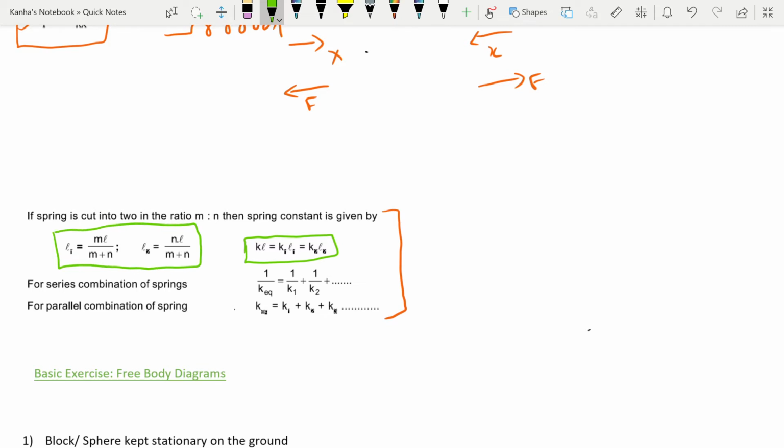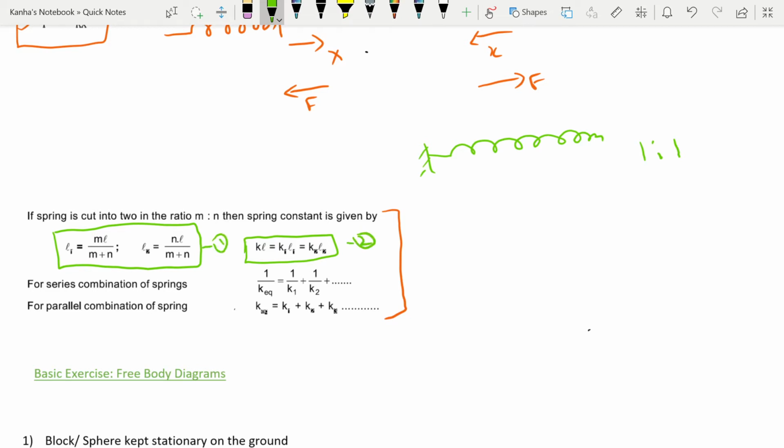What does this mean? Let me tell you with a very small example. Let's say my original spring was this. Now I have cut my spring into a ratio 1:1. How do I apply these two formulas?